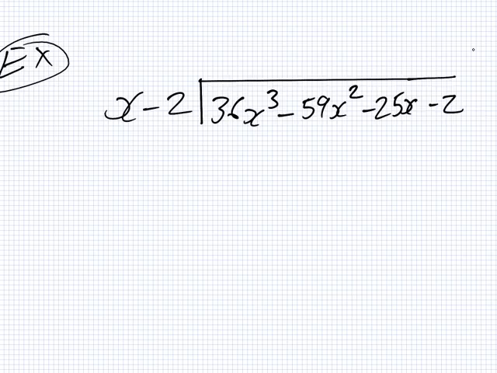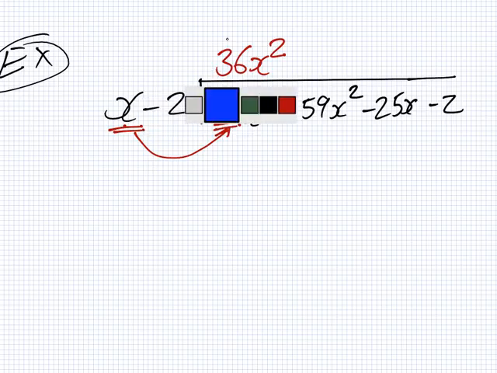Okay. So the first thing, what you do is you look at the first number here and the first number here, and you say, what do I multiply this by to make it this? Well, it has to be 36x squared. Then the next step is the multiplication. So you multiply both of them.